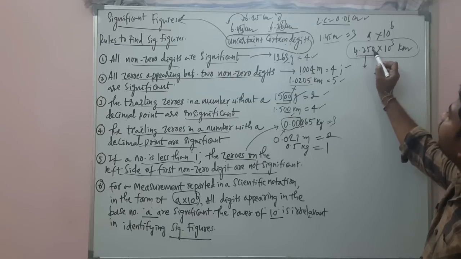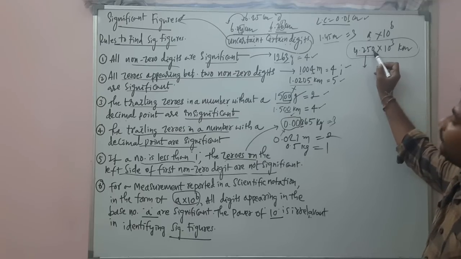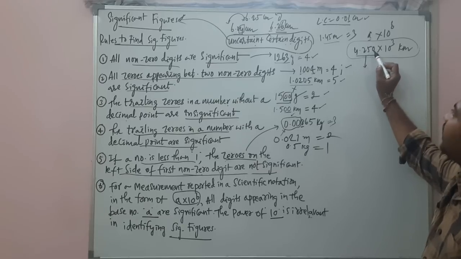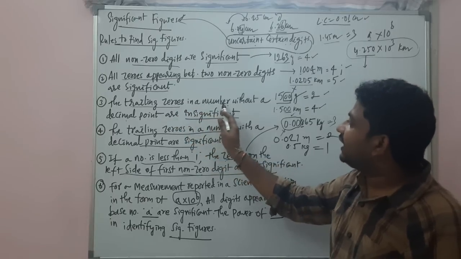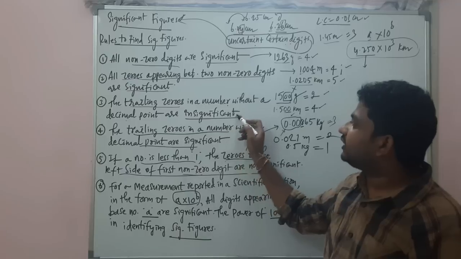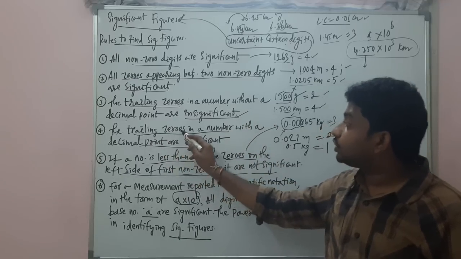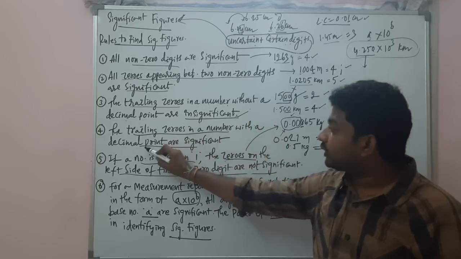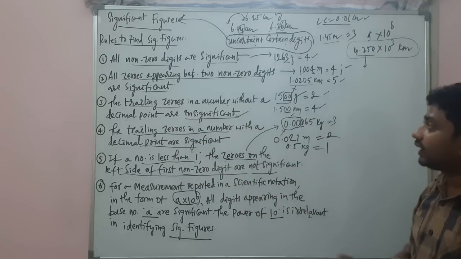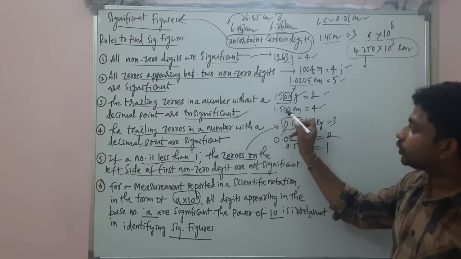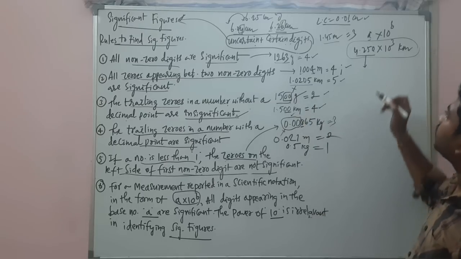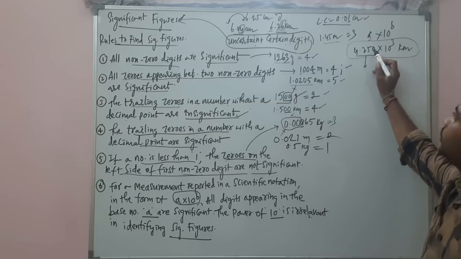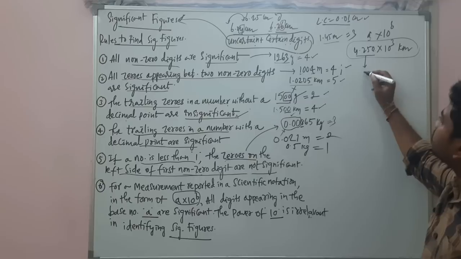1, 2, 3, 4. This is the trailing zero, right? When there is a decimal here, the trailing zero is significant. Trailing zeros in a number without a decimal are insignificant, but trailing zeros in a number with a decimal point can be included. Without a decimal point, you can remove them. So here there are 4 significant figures.